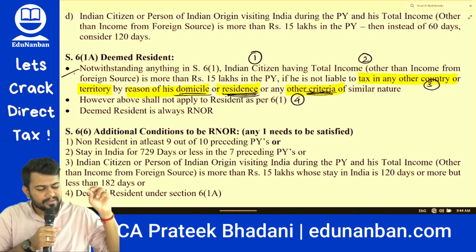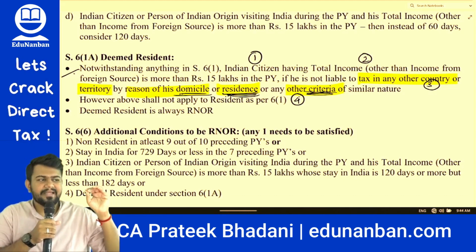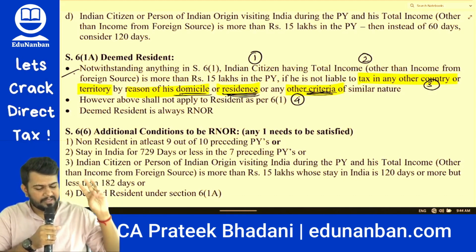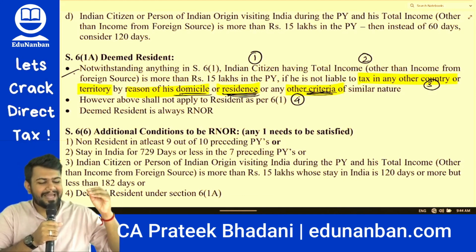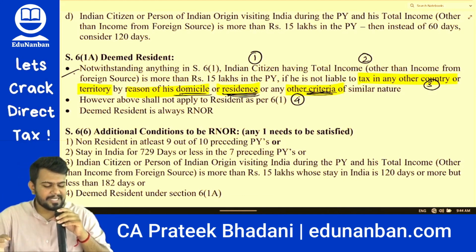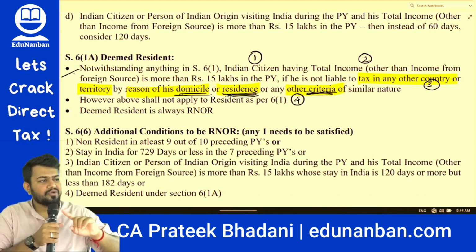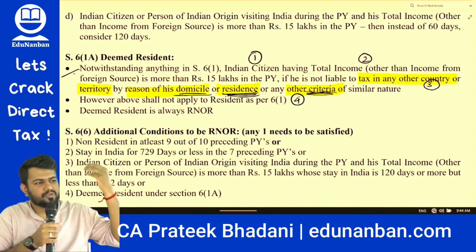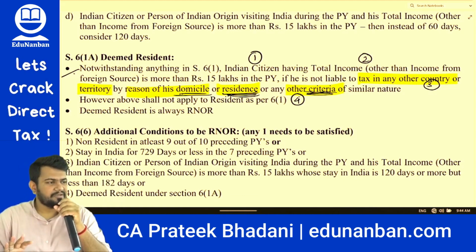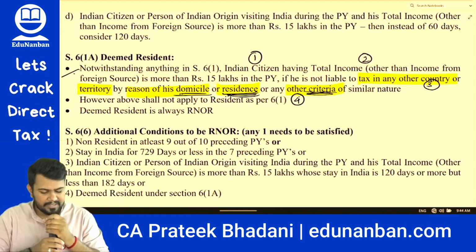Number 2, the total income other than income from foreign source should be more than 15 lakhs. Number 3, he should not be liable to tax in any other country because of his domicile or residence or any other reason. And number 4, he should not be a resident as per 6(1). So if all these 4 conditions are satisfied, such individual will be called deemed resident.